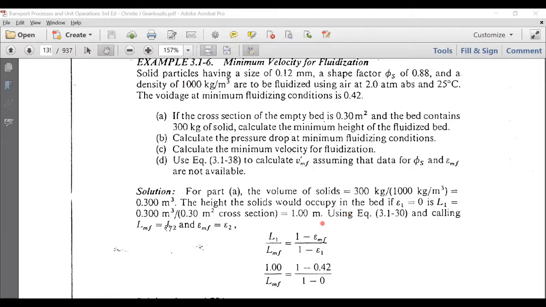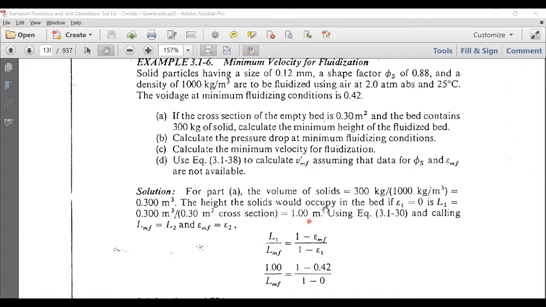So it's 0.3 divided by 0.3 cross-sectional area equals 1 meter. So when we assume there is no void, we can directly divide the volume of the solid particle by the cross-sectional area of the bed, so we get the height of the bed, which is 1 meter.